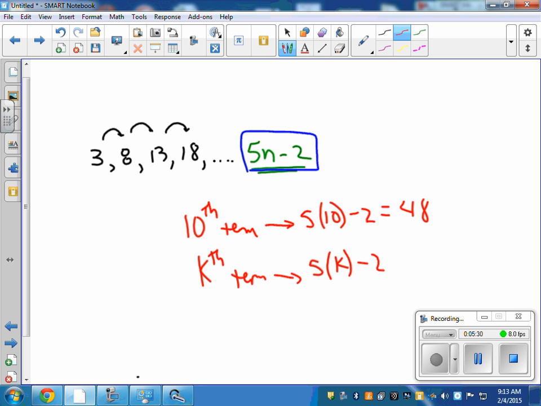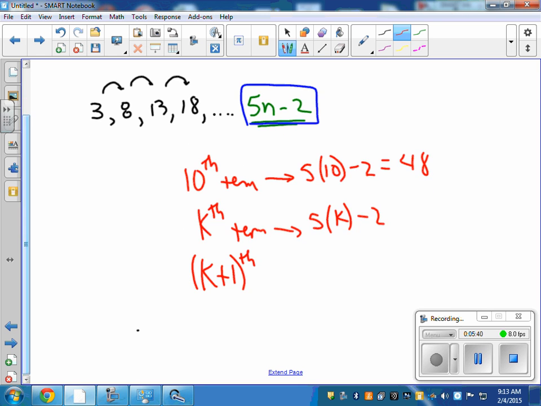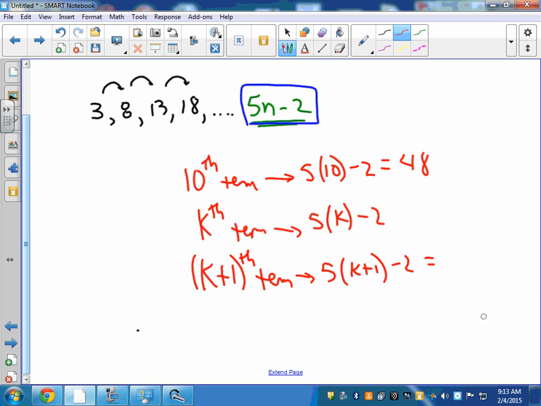Now, there's not much you can do with that. You'd have to leave that alone. But if I wanted the one that came after k, the k plus 1th term, that's going to be 5 times k plus 1 minus 2. And that does clean up a little bit. That would be 5k plus 5, take away 2 is 5k plus 3.